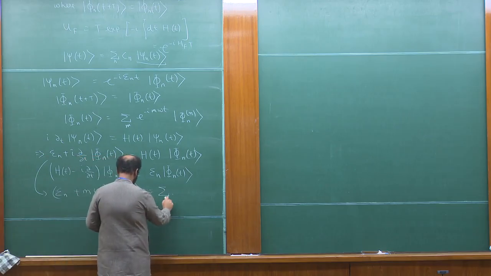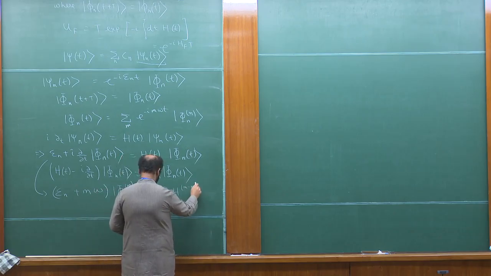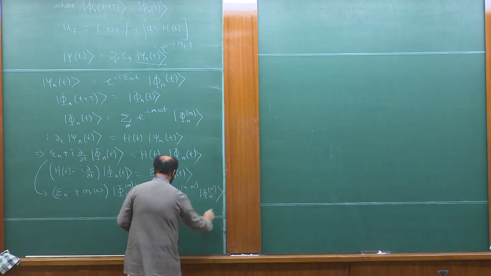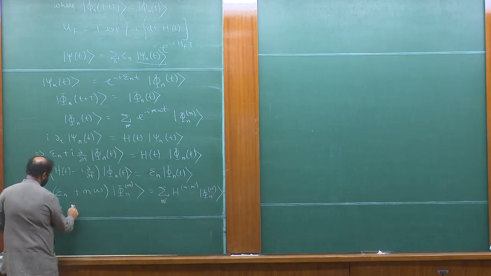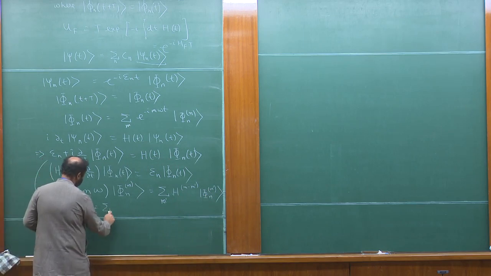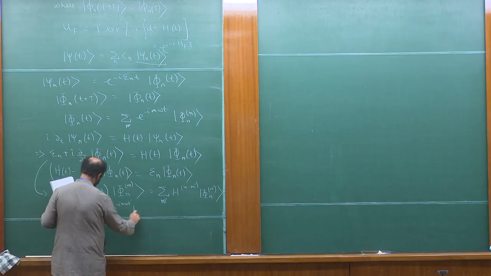is equal to the sum over m prime of h m minus m prime phi n m prime, where I have written down h of t also as the sum over m of e to the power minus i m ω t times hm.